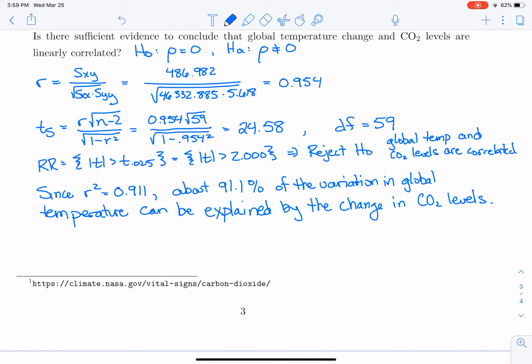So that's important. We're saying 91.1% of the variation. In this case, we saw, remember, that the variation was actually an increase, right, in global temperature. It increased from down here to up here, depending on the CO2 levels. And so 91.1% of the increase in global temperature can be explained by the change in CO2 levels in the atmosphere.